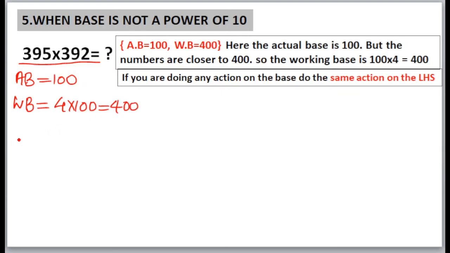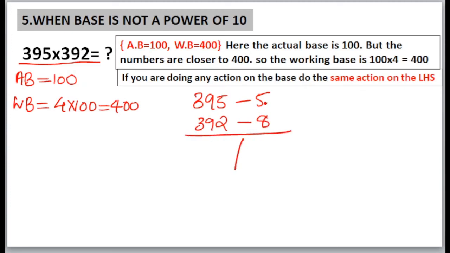So 395 is 5 less than 400 and 392 is 8 less than 400. So your final RHS will have 8 into 5 is equal to 40. Both are negative, so RHS will be positive. Here your base is, actual base is 100 and 100 has 2 zeros.